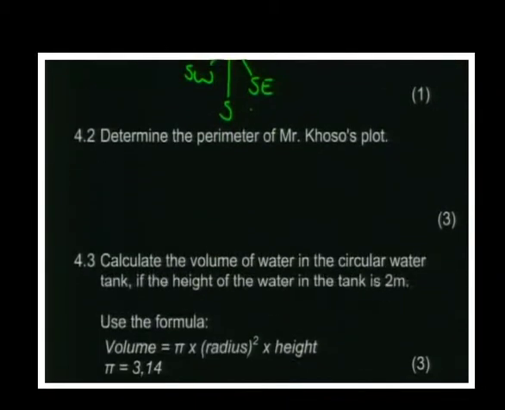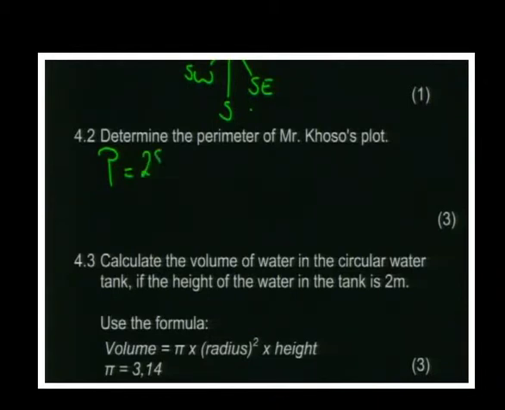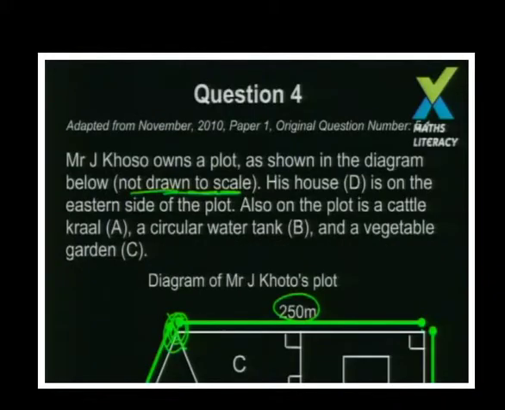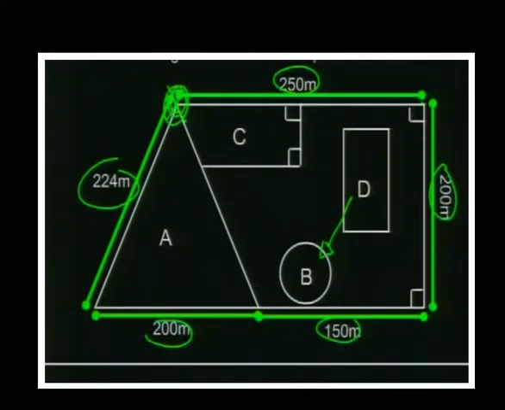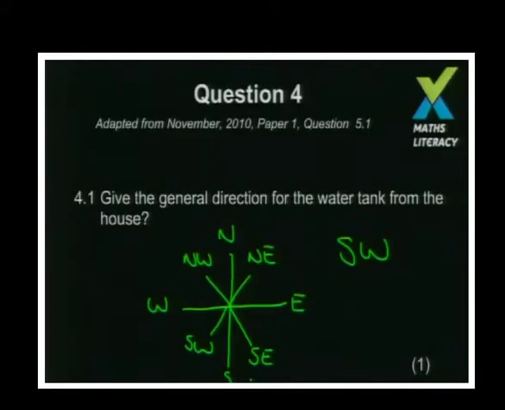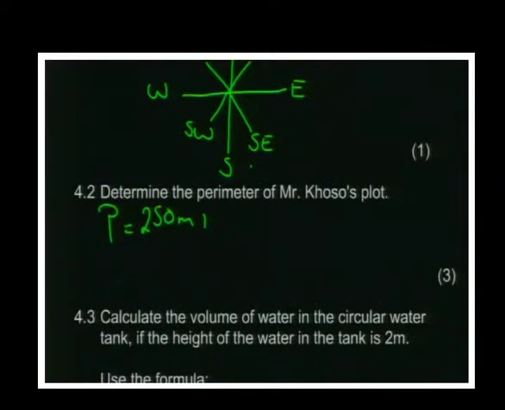So what is my answer? My answer is quite simply, determine the perimeter. Perimeter equals the 250 meters plus, let's have a look at the diagram again, plus the 200 meters, plus the 150 meters, and plus 200 meters.